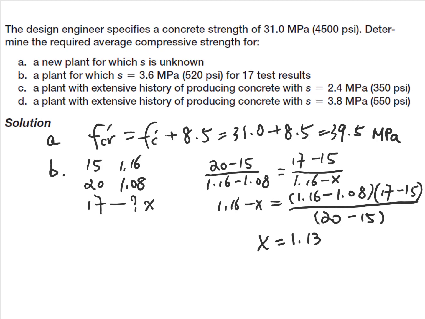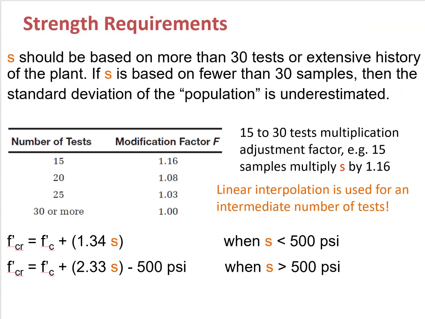So this is the modification factor, and S will be equal to the value of S, 3.6, times the modification factor 1.13, which is equal to 4.1 MPa. Okay, so after we get this 4.1 MPa, which is about 590 psi, then we want to determine the required average strength.